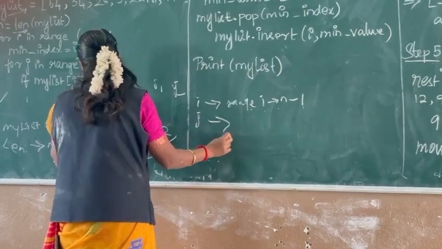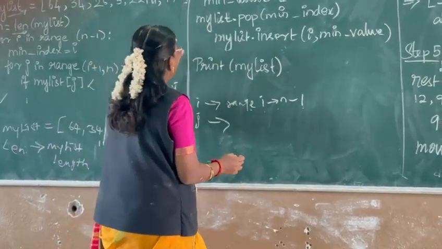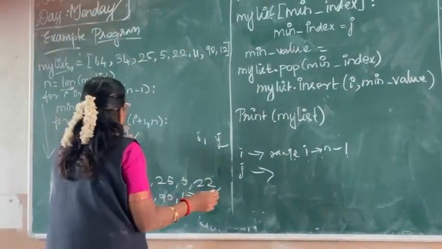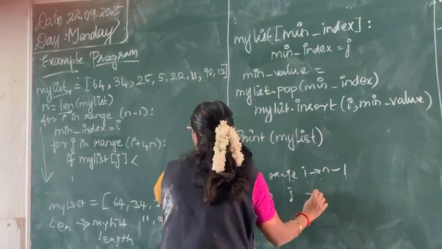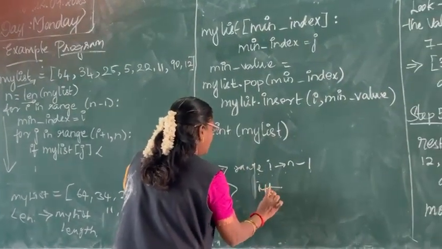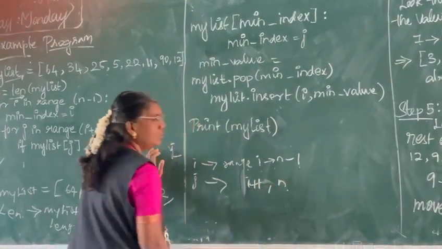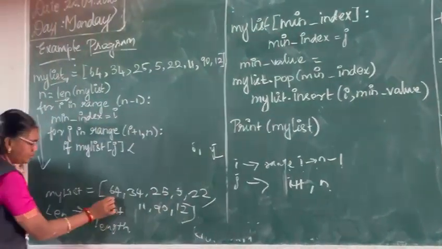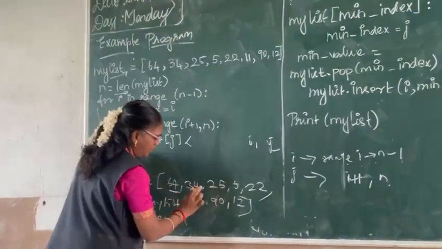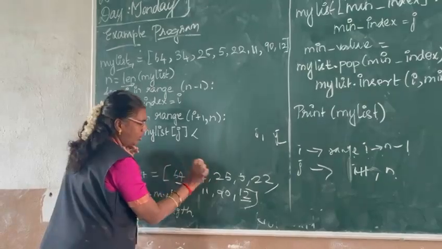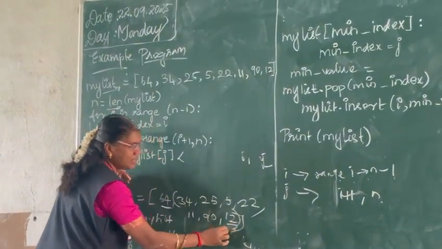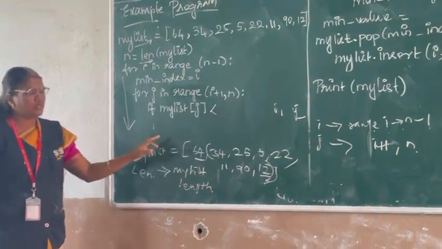Next, the j loop will range from i plus 1 to n. This is 64 to 12 as one loop. Again 34 to 12 is another loop. These are two different loops.